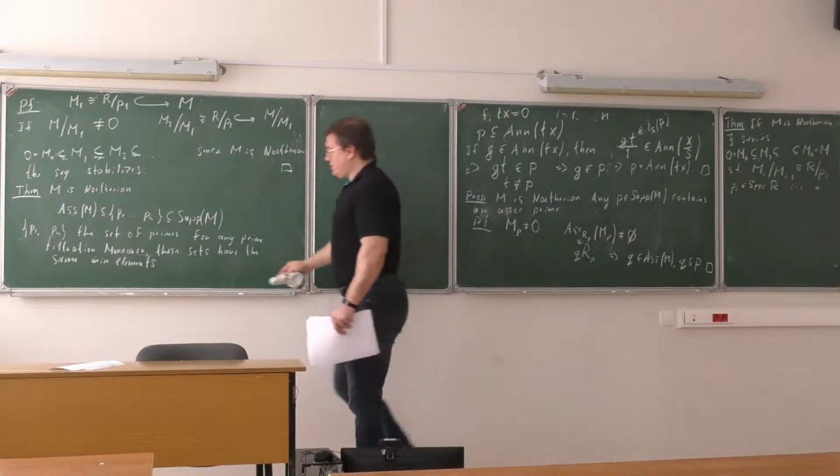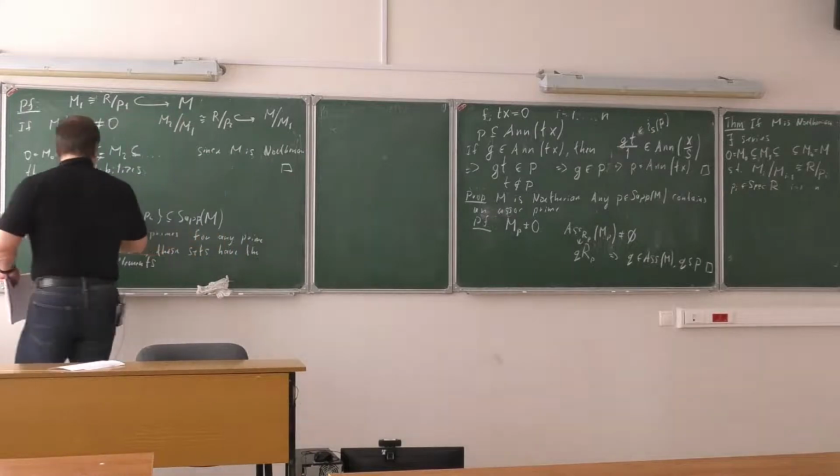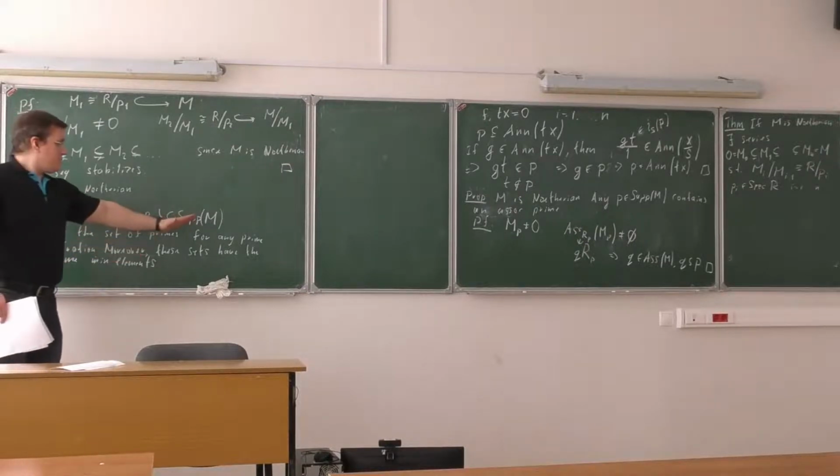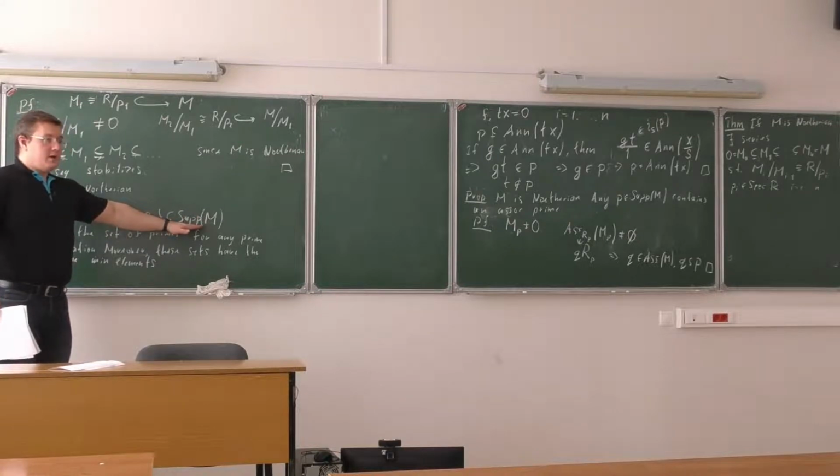Minimal elements are just the prime ideals here, here, or here that don't contain any other prime ideals. If the set of associated primes is finite, we can find a minimal element. But if it's not finite, like support, we still can talk about minimal elements. This will be a prime ideal belonging to this subset that doesn't contain any other prime ideal from this subset.